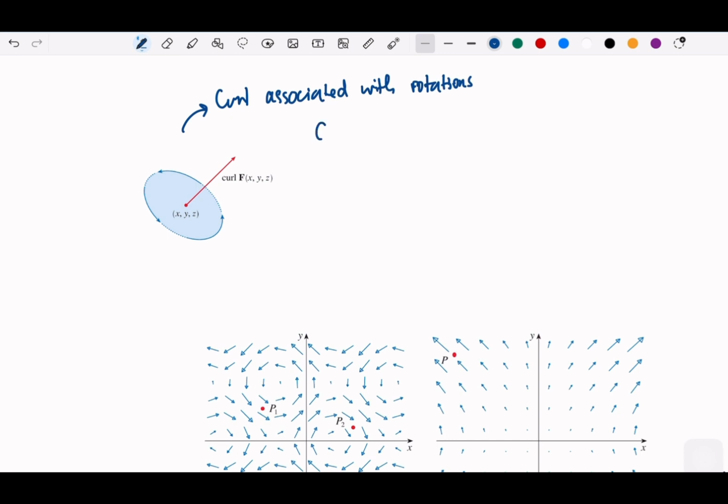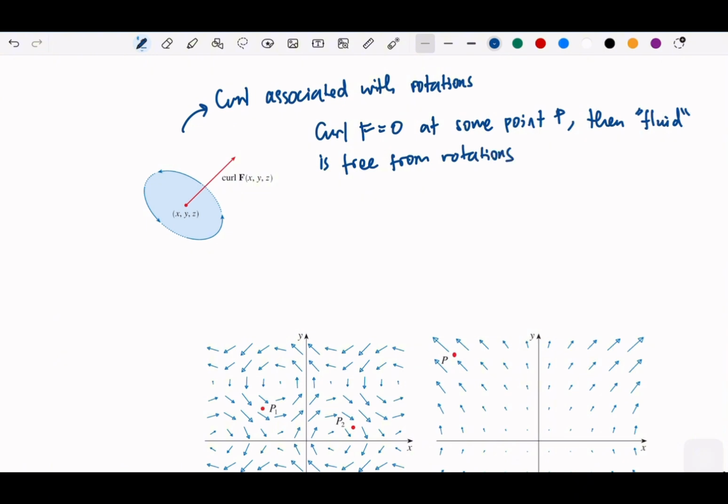So if curl F is 0 at some point p, then if we imagine this as a fluid, the fluid is free from rotations at p. We call this irrotational.